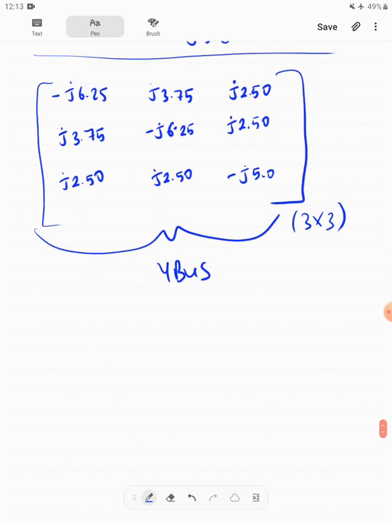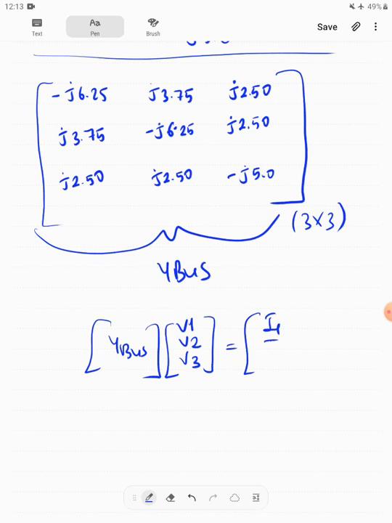Let me remind you how this Ybus can be used in our calculations. Ybus multiplied by the bus voltage vector will be equal to the injected current vector to each bus.